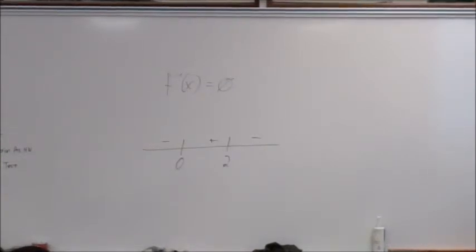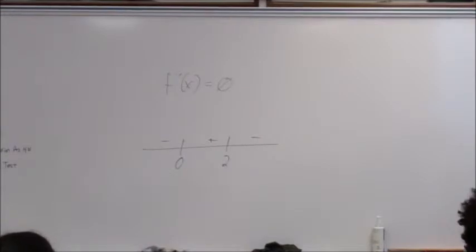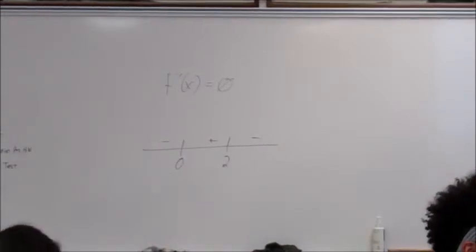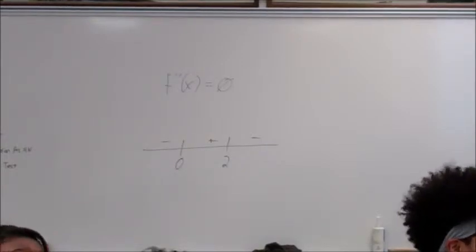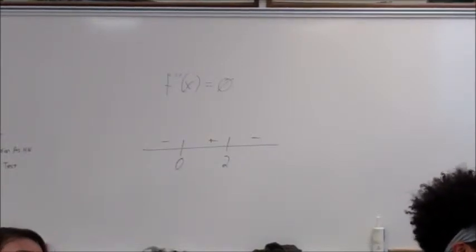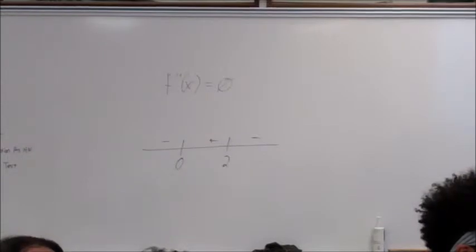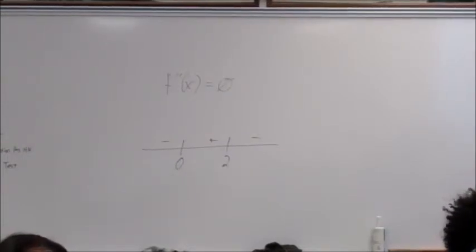Tell me about the second derivative right around here. Greater than 0, that's right. Between negative 2 and about 1, it's concave up, which means the second derivative is greater than 0.